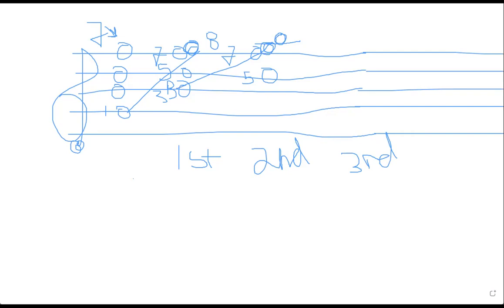Okay, third inversion. What are we going to be keeping? We're going to be keeping the seventh, and then we're going to be keeping that root yet again, which is the 8th of the scale. And then we're also going to be keeping that third from that last inversion we just did.